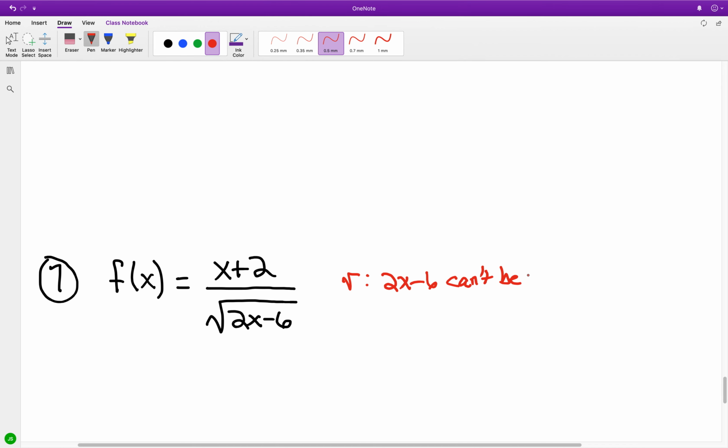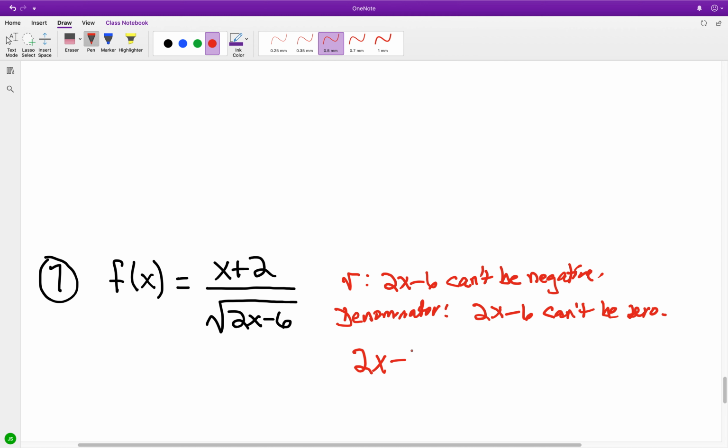And also, 2x minus 6 is in the denominator position, so 2x minus 6 cannot be 0. So that means it can't be negative and can't be 0, so 2x minus 6 must be positive.